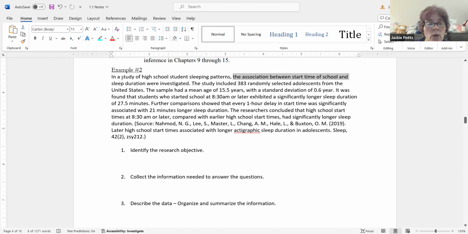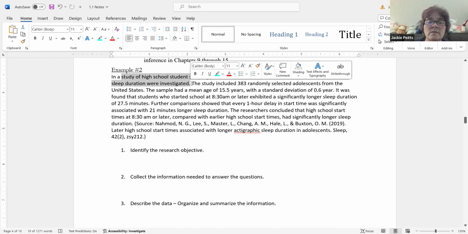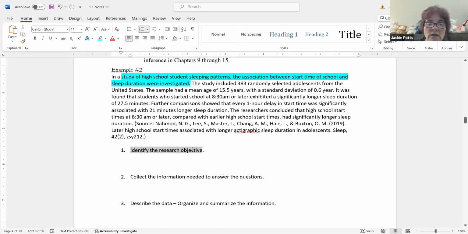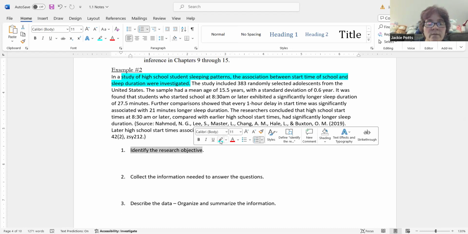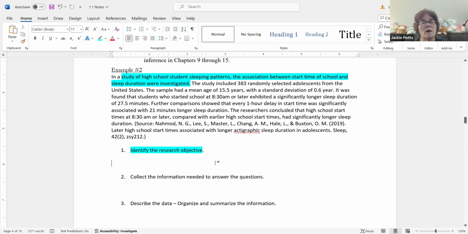It's the study of sleeping patterns and the association between start time of school and sleep duration for high school students.